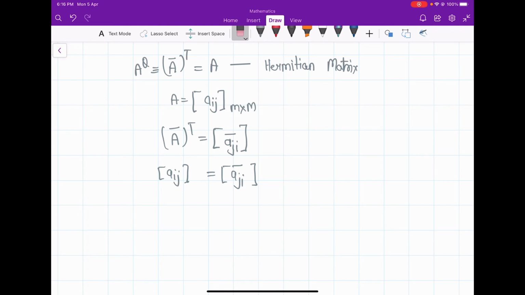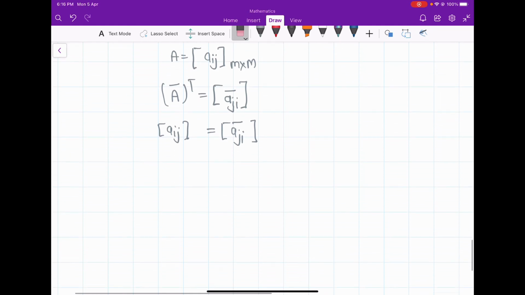You cannot write the order here, because this is not a matrix, this is just a single element where we compare the left hand side and right hand side. So this will be the condition for a Hermitian matrix.